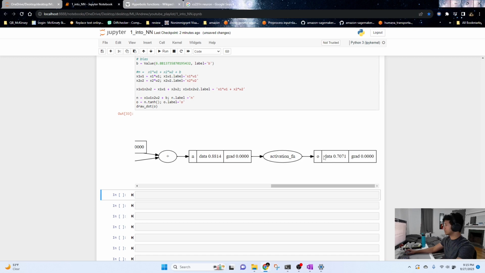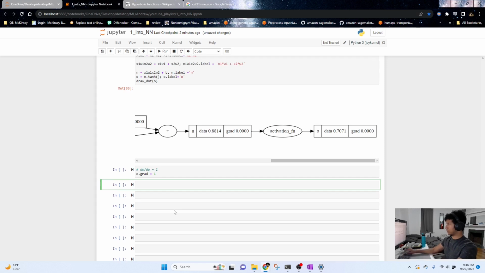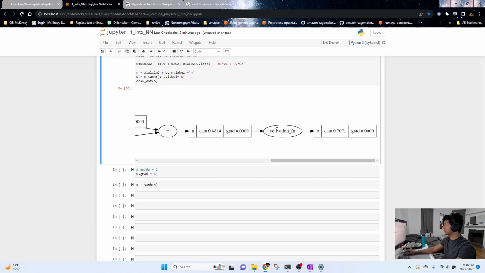Step 1 is do by do, which equals 1. That means o.grad is equal to 1, so the gradient with which you have to change o is 1. Now let's come a step back. O is tanh of n, because once we have n, we pass it through tanh, and that results in o.